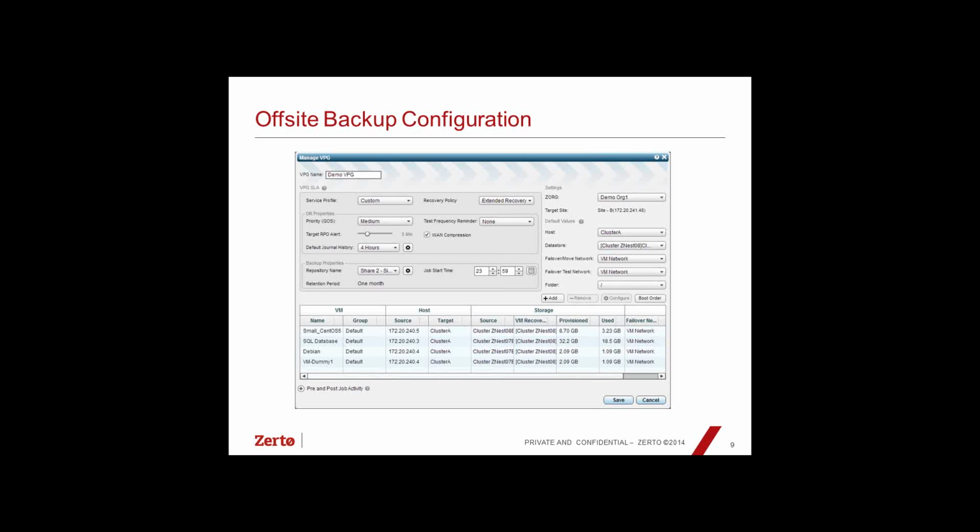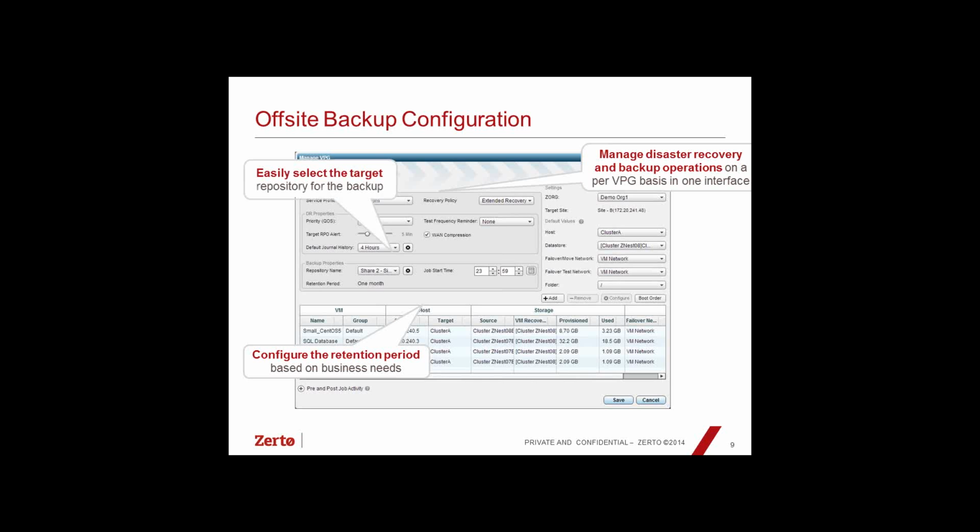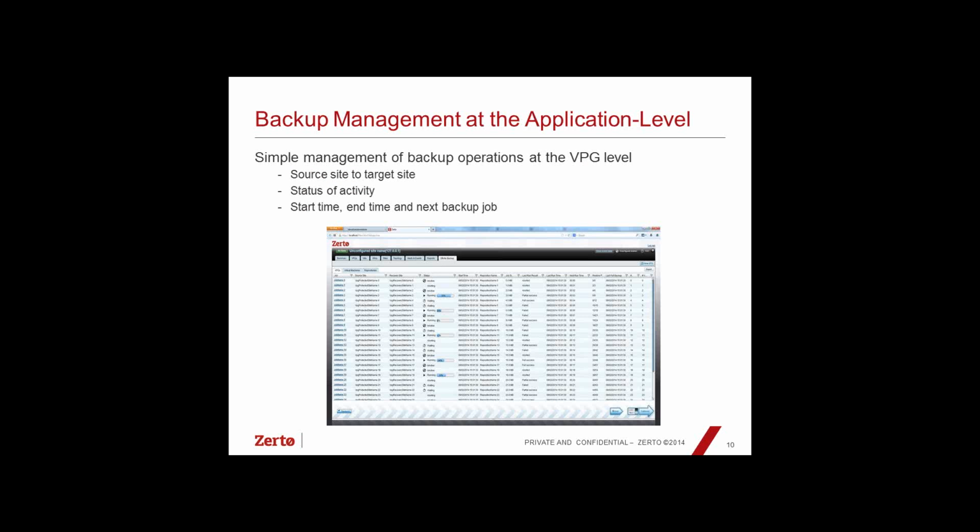So you can see what the retention period is, what the repository name is, and when to start the job. So you can configure the backup right here. I think we've hit on everything. Yep. And the most important thing about the job start time is you can make sure it doesn't impact productivity, so you can schedule it during off hours.